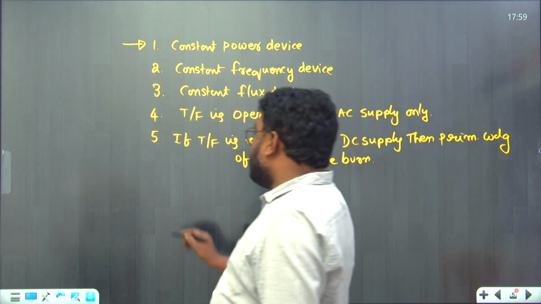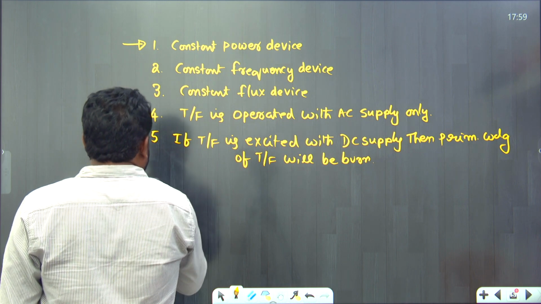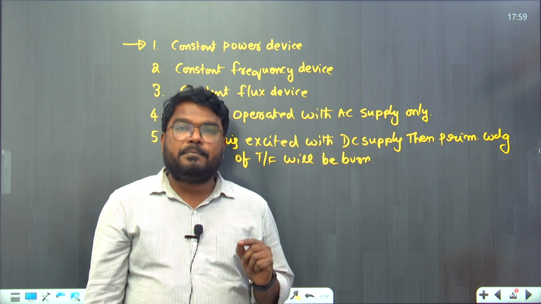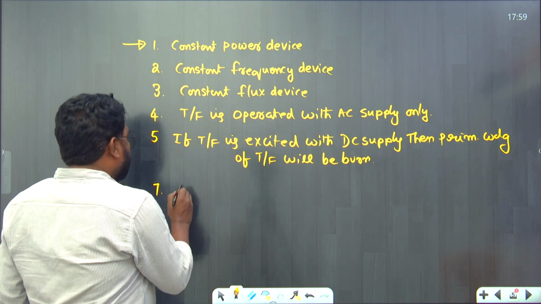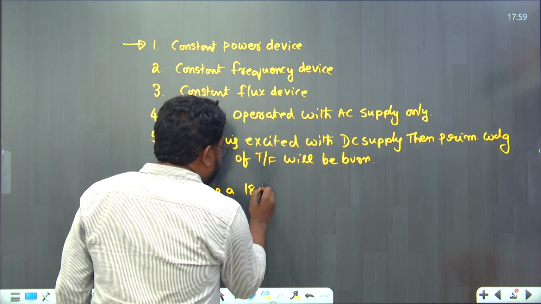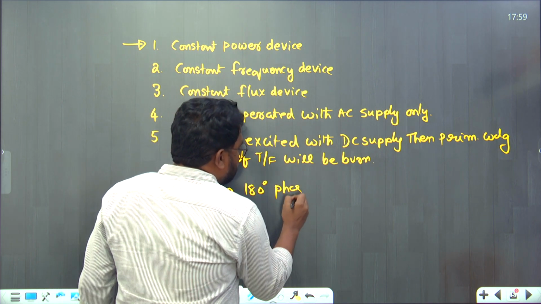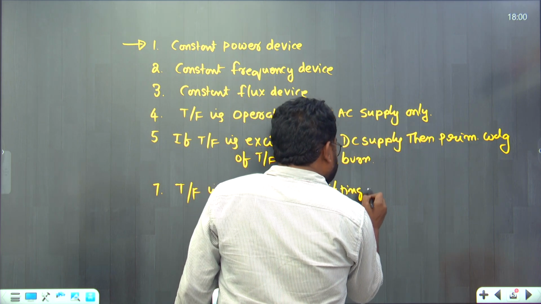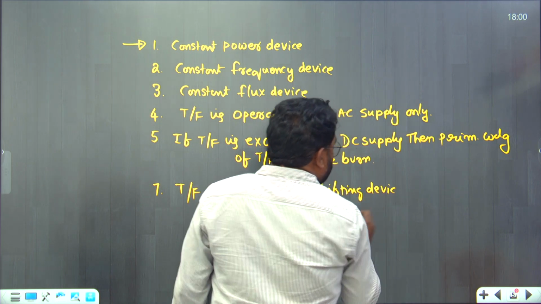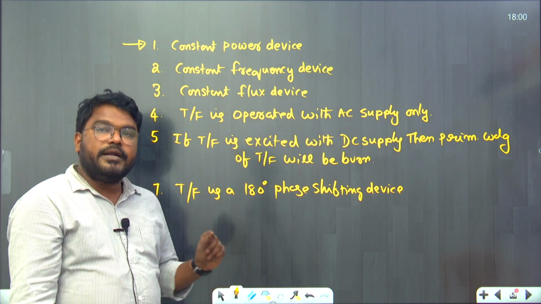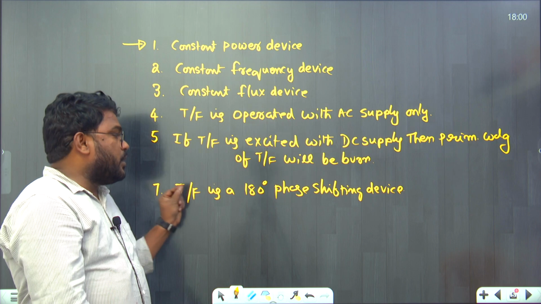One more point: the transformer is a 180 degree phase shifting device. That is, the phase displacement between the primary winding and secondary winding EMF is 180 degrees.